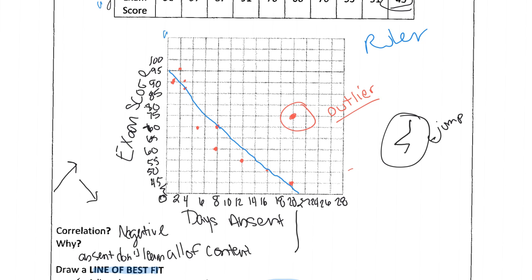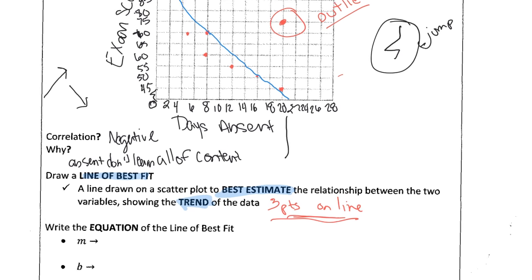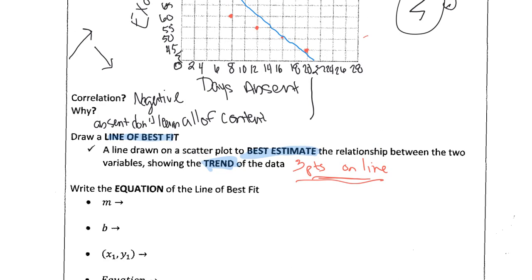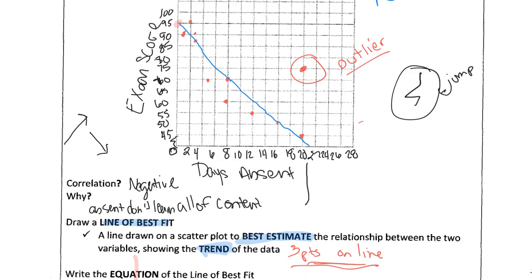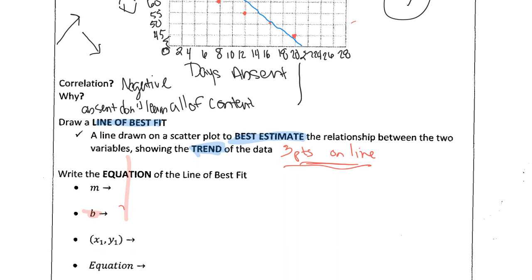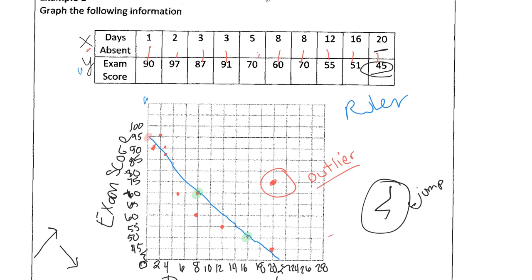Okay, so we have our line of best fit. So we have to write the equation of the line. So I can't really figure out that slope. And I know my b value is where it crosses my y-axis. So let's look, where does it cross my y-axis at? Here at 95. So I know my y-intercept or my b value is 95. And I'm going to find a point. I'm actually going to write 2 points that I have on the line. Okay, so I like the points that are on dots exactly because it makes it a little simpler to see them.